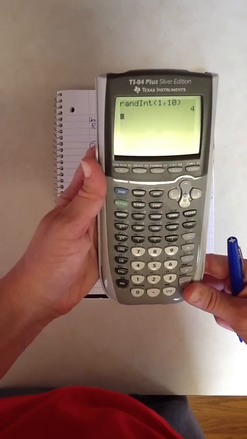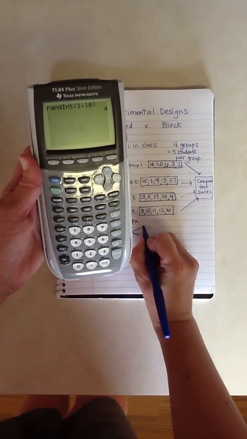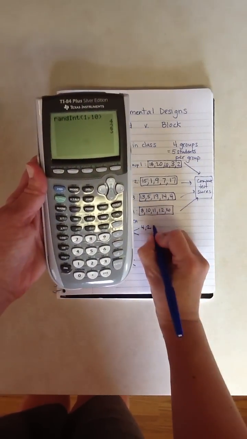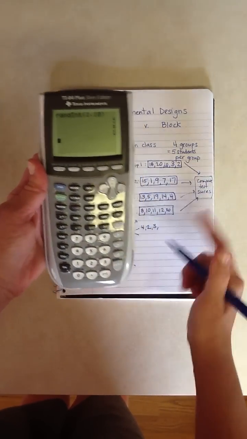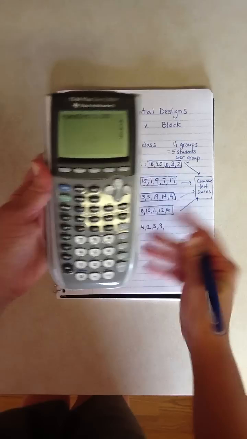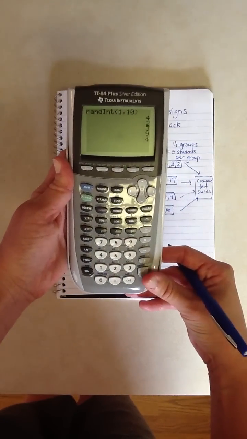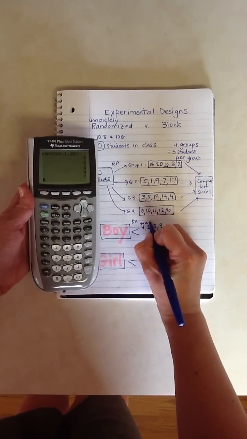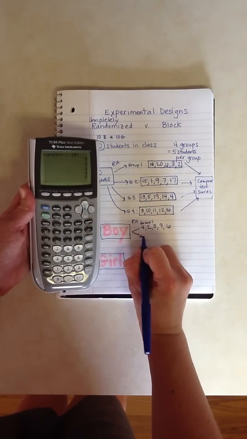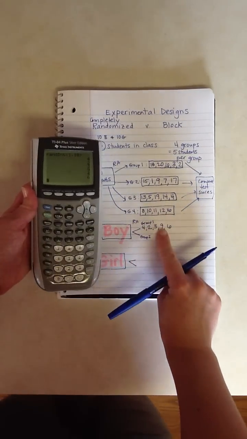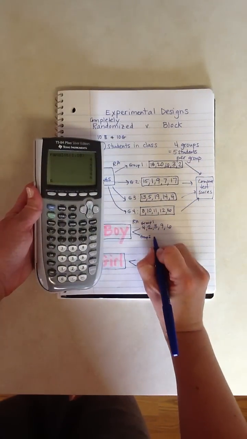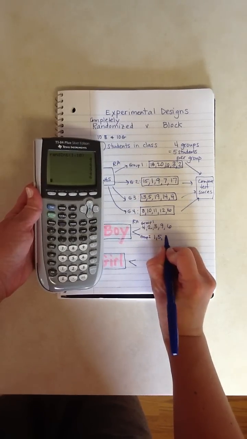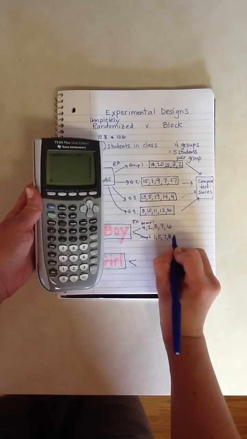So the first boy group will have student number 4, 2, 3, 9, 4 was already used, and 6. So this would be group 1 for the boys. Group 2 would be the 5 boys that are left, the boys labeled 1, 5, 7, 8, and 10.